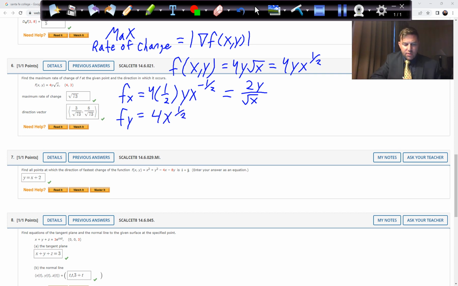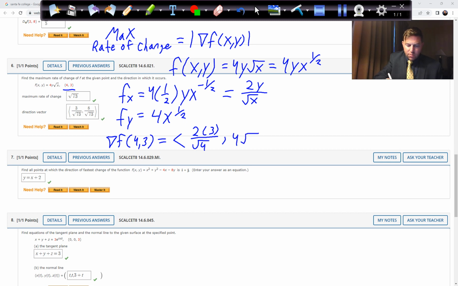Okay, now we're evaluating this at (4, 3). So the gradient vector of f at the point (4, 3) would be equal to 2 times 3 over the square root of 4, just replacing y and x with 3 and 4, and then it would be 4 times the square root of 4.